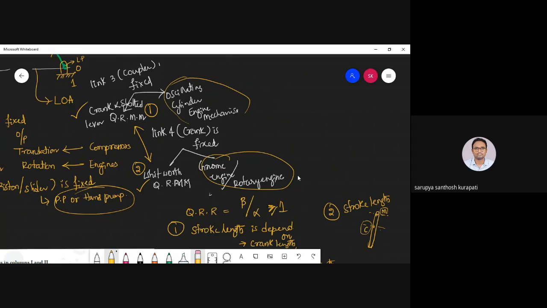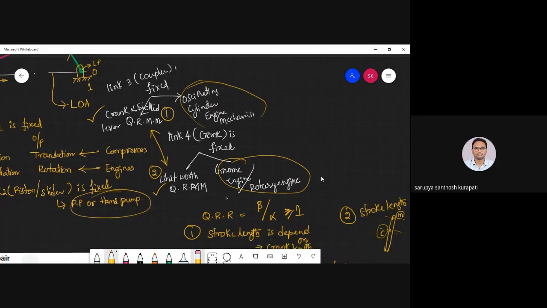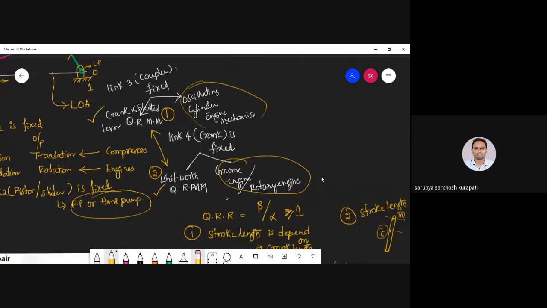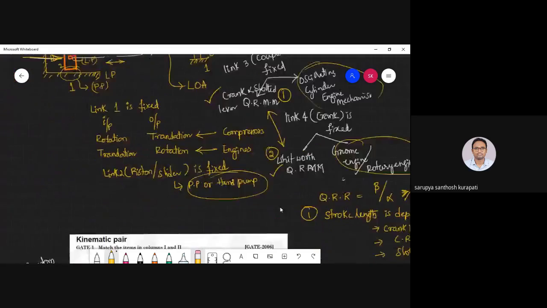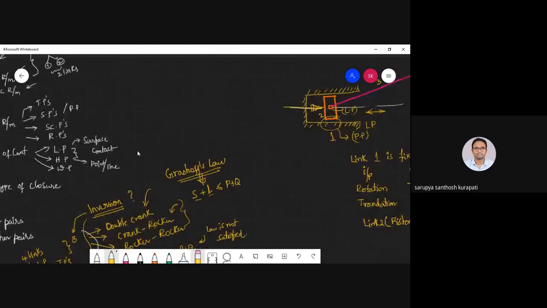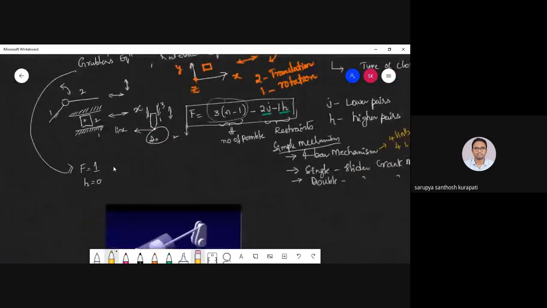So in the Whitworth mechanism only one factor comes into picture, but in the crank and slotted lever mechanism it is dependent on three factors: the length of the slotted bar, the length of the crank, and the length of the connecting rod. That is the only difference. I hope you remember the figure also. If you have any doubts, please ask me. Till this point we have discussed in our last class. Shall I move to the new topic now?